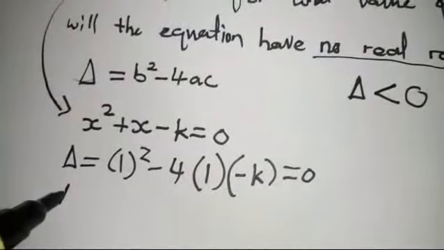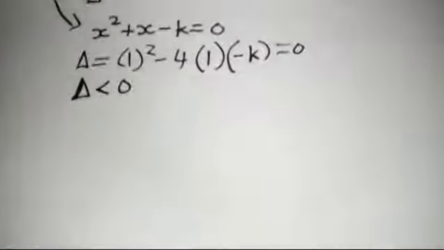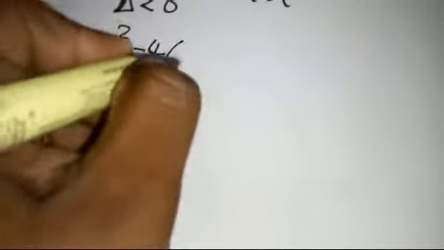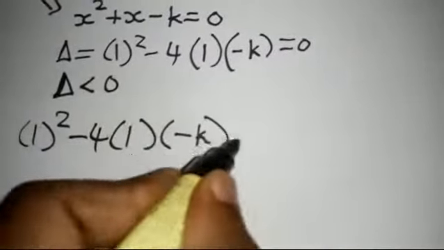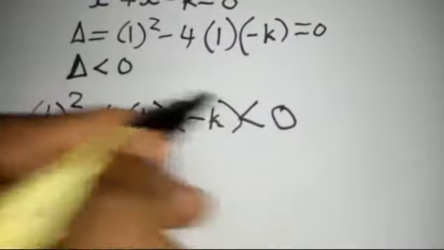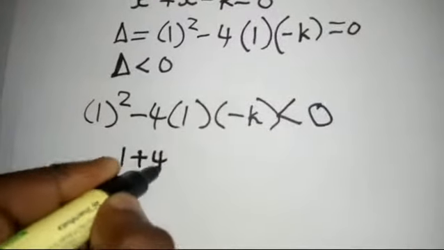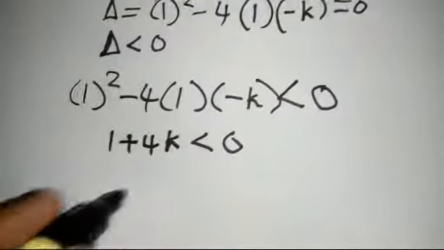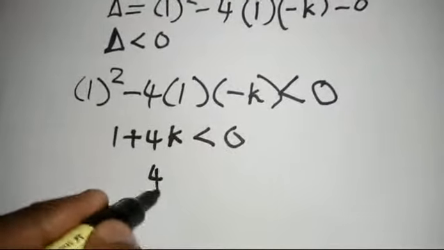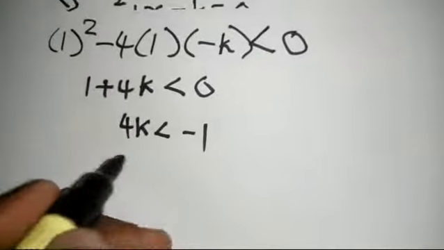Therefore, we come here and put it like this. Therefore, it will be like this. This should be less than 0. When you simplify this, you get 1 plus 4k is less than 0. Then 4k is less than negative 1.